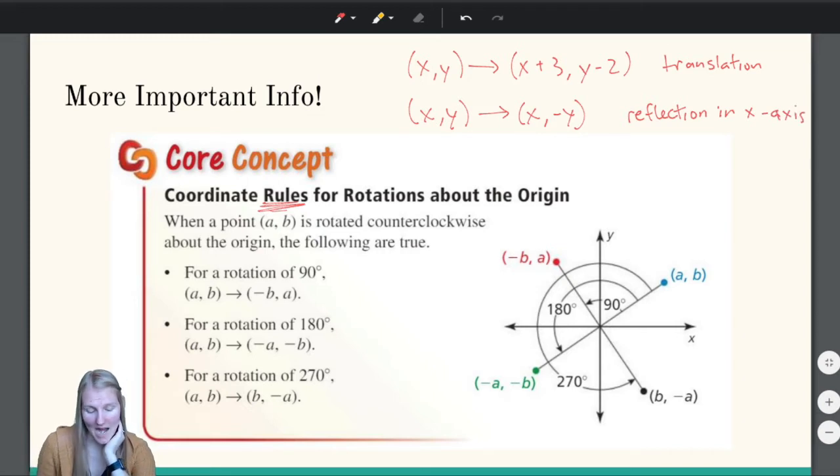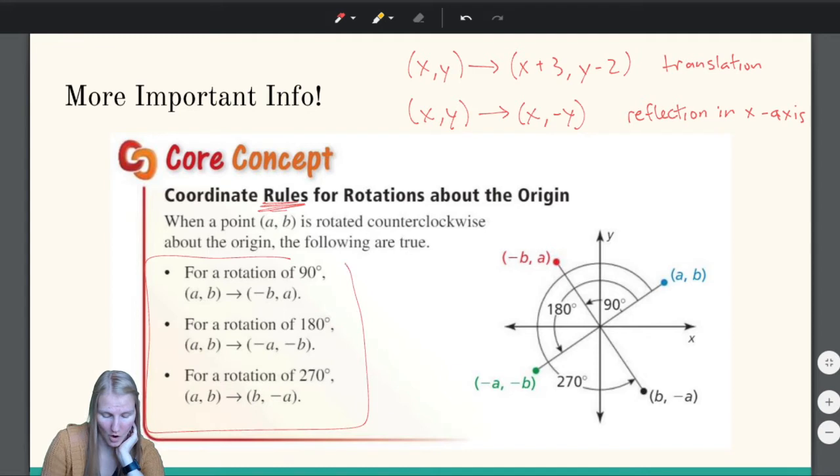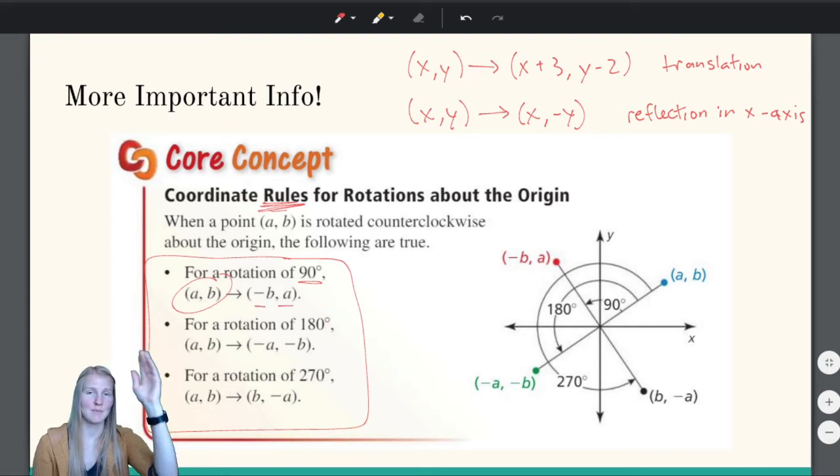Okay, now these are what our rules look like for rotations. So for rotations, if you want to rotate 90 degrees, take your point, switch the x and the y, and make the y value negative, or make the first value negative.